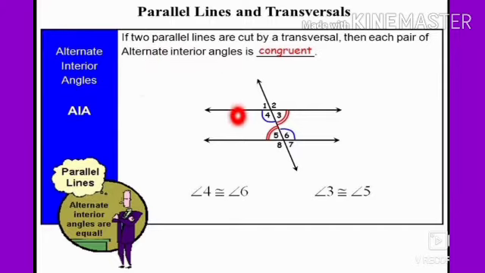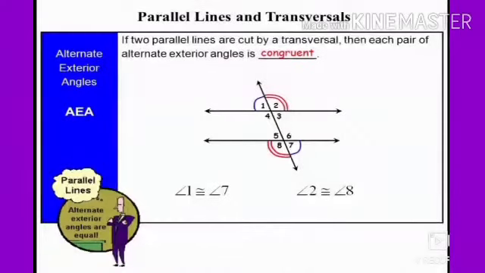If two parallel lines are cut by a transversal, then each pair of alternate interior angles is equal. If two parallel lines are cut by a transversal, then each pair of alternate exterior angles is congruent. Congruent means that alternate exterior angles are equal.